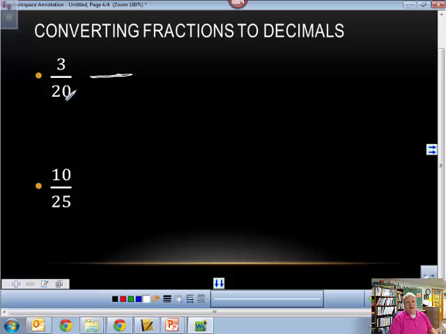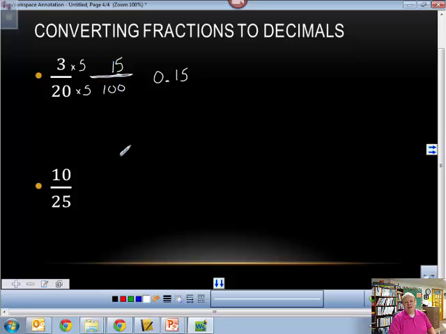Yes, I can. 20 times what? 20 times 5 gets me to 100. Whatever I do to the bottom, I must do to the top. So 3 times 5 is 15. Now I have 15 over 100, and I could write that as 0.15 or 15 hundredths, because my 5 is in the hundredths spot.